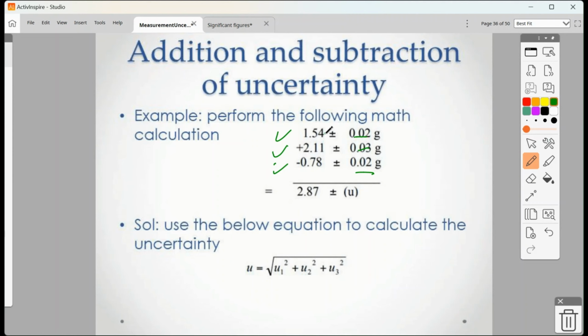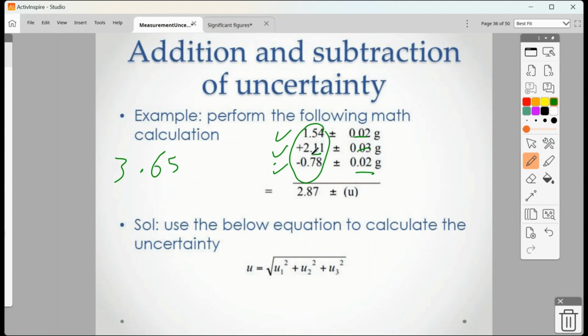So first we carry out the normal maths calculation with the measured values. So 1.54 plus 2.5 1. So 4 plus 1 is 5. 5 plus 1 here is 6 point. 1 plus 2 is 3.